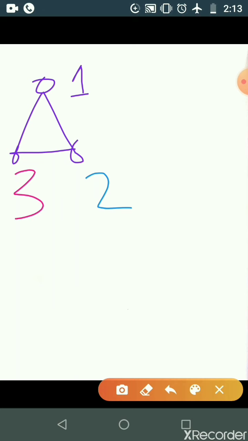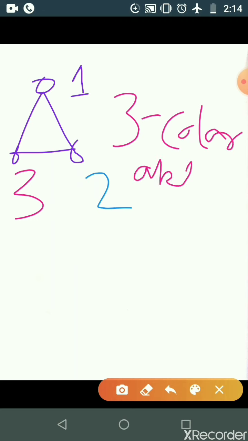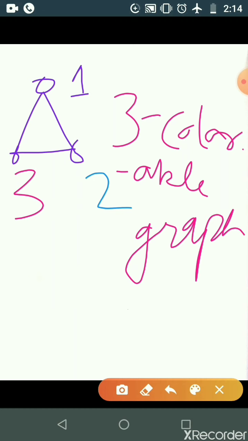So here this is a 3-coloring. A proper 3-coloring exists, and the 3-colorable graph is this one. Okay, and color classes are this vertex in the first class, this vertex in the second color class, and this vertex forms the third color class.